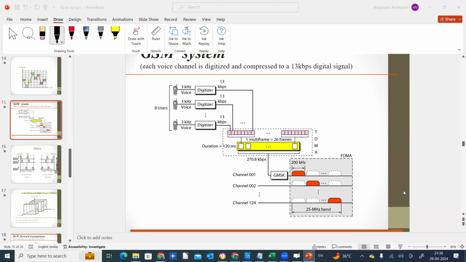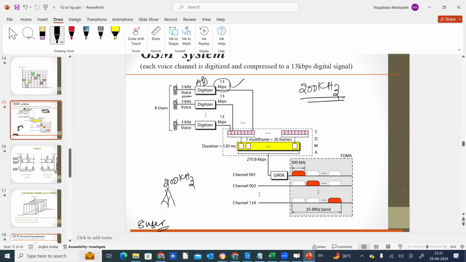So one base station is installed, which is given a 200 kilohertz carrier. Now you can see, I was telling only 8 users. Each user's voice is converted from analog to digital, which comes out to be 13 kilohertz, but the channel is 200 kilohertz. Human voice is around 3 to 4 kilohertz; if I speak a little loudly, it goes up to 4 kilohertz.